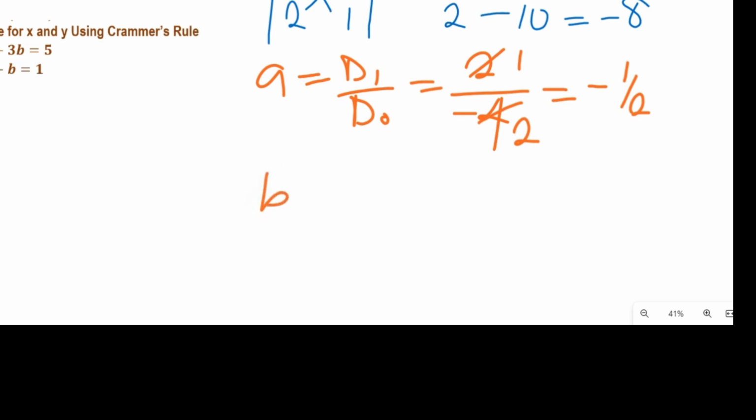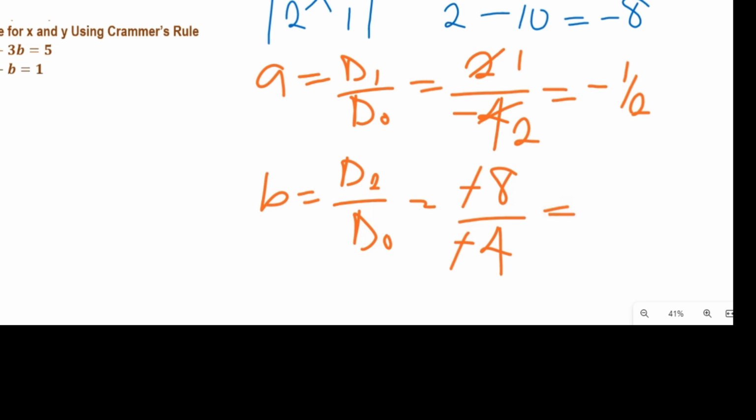And then our b will be equal to D2 divided by D0. Our D2 is equal to minus 8, and our D0 is equal to minus 4. So this will clear the negatives, and we'll have 8 divided by 4, which gives us 2.